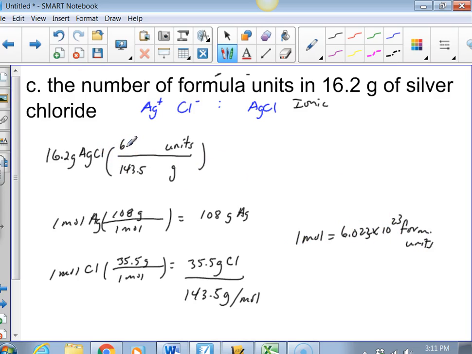So we use Avogadro's number. Grams cancel. We have 16.2 times Avogadro's number, and then that answer divided by 143.5, and that gives 2.60 times 10 to the 22nd formula units.